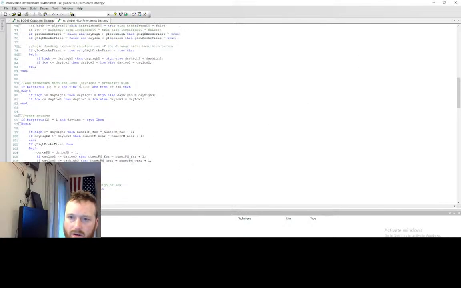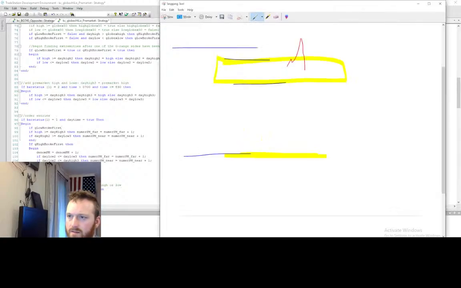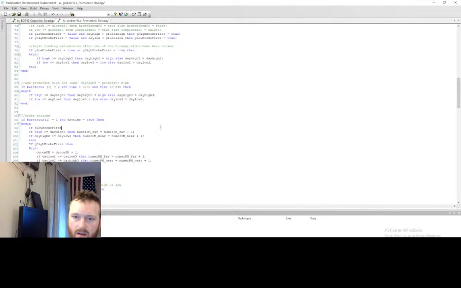Where is my Globex low broke first? There you go. So if the Globex low broke first, let's say the low breaks, boom, it breaks, and now it's coming up. The Globex low is not the one we want. We want to see it pass, but the far is not there yet. So Globex low is passed. So if Globex low broke first is equal to true, then begin.